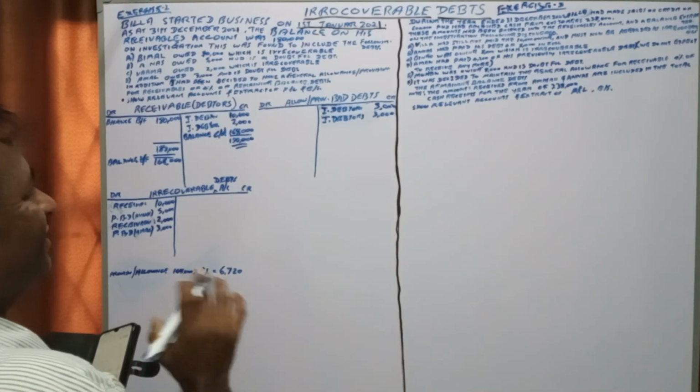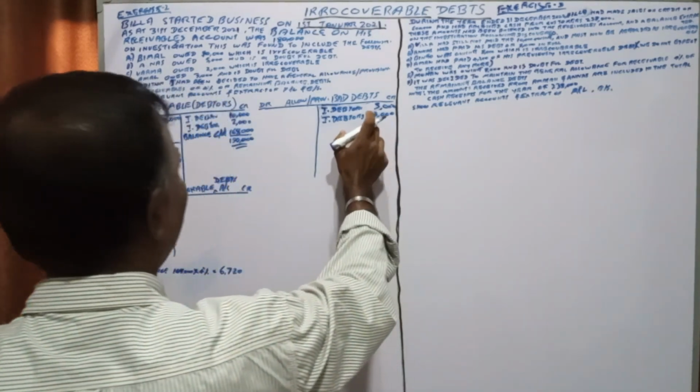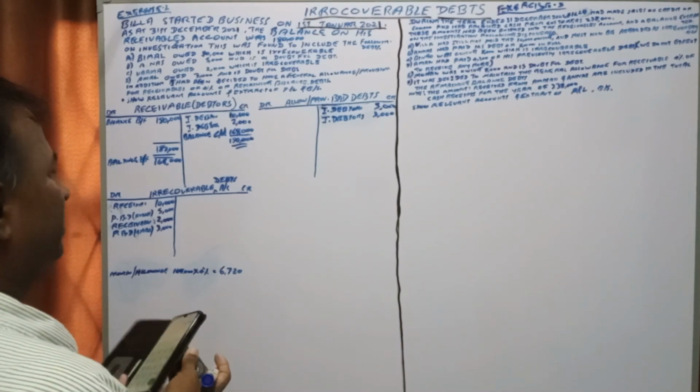But having said that, you have to see here we have already made a provision amounting to 8,000.